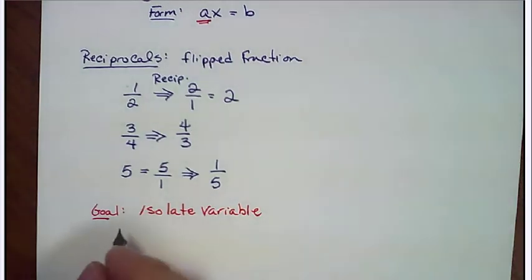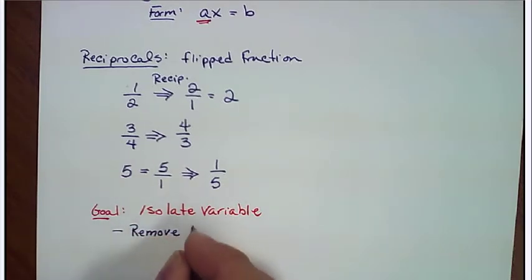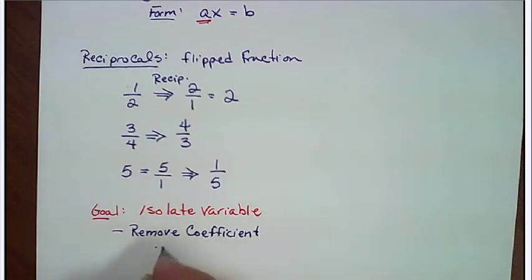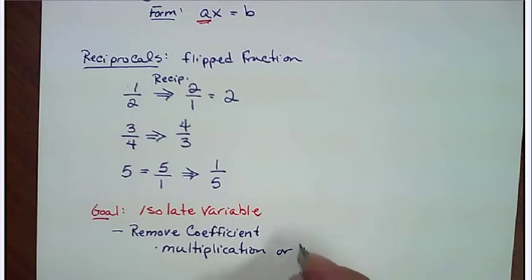And the way I do this is, to remove the coefficient, what I need to do is multiply or divide, whichever's the opposite.